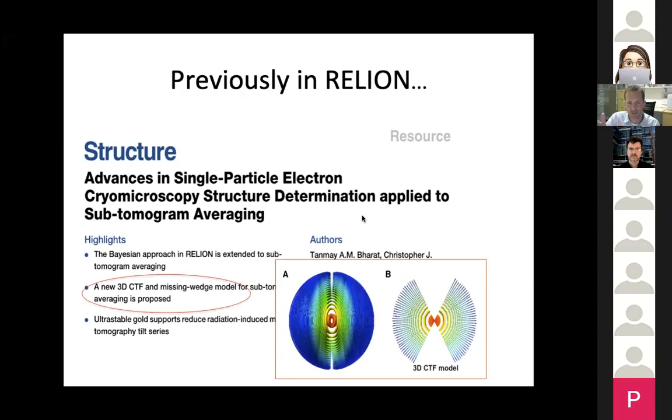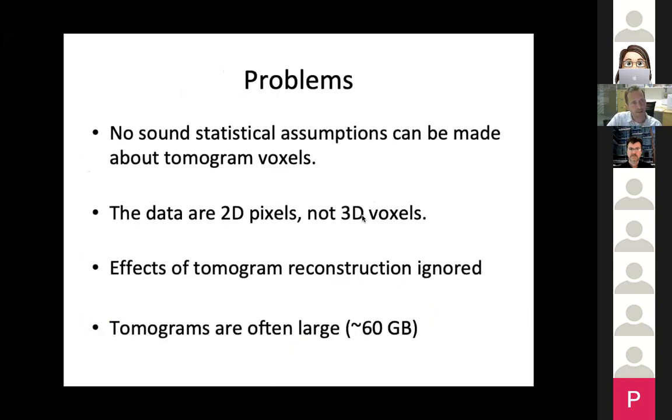And because these were basically slices of the individual images of the tilt series, they also corrected for the missing wedge. Now, that still didn't account for all the problems.